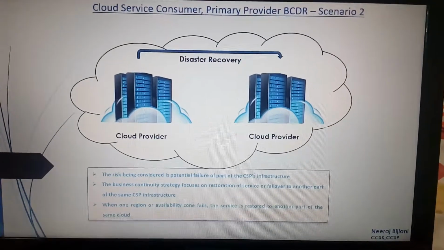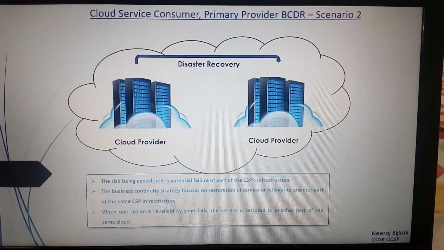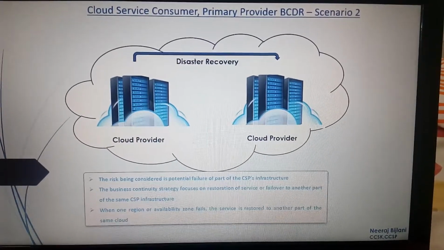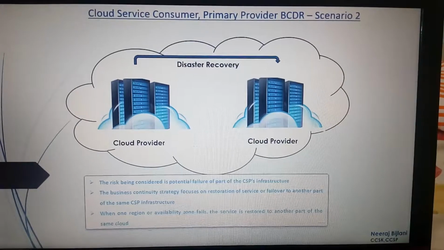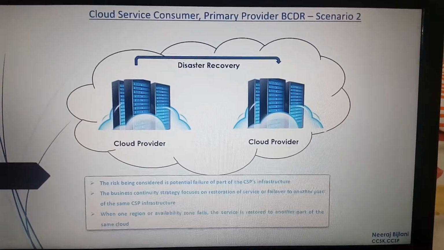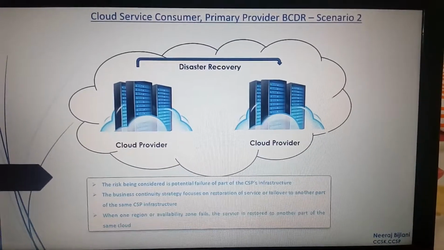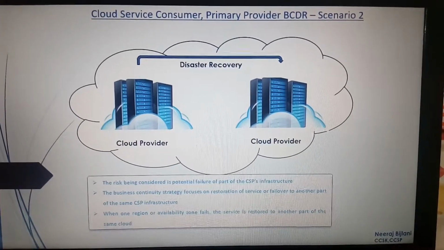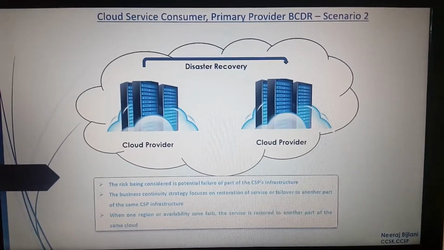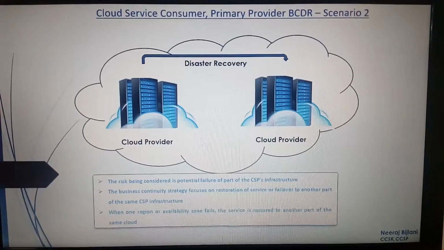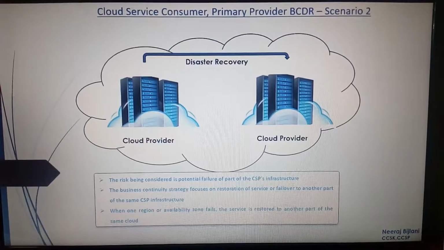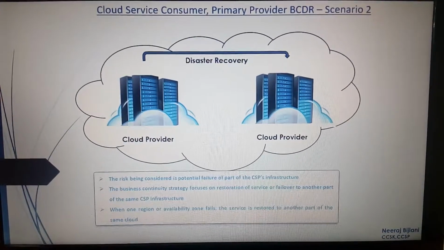Next you see the second scenario, where the customer or organization already has one cloud provider. Here you see two cloud setups with the same provider. Maybe one application is running in one region or availability zone, and the BCDR application is running in another region or availability zone with the same cloud provider.